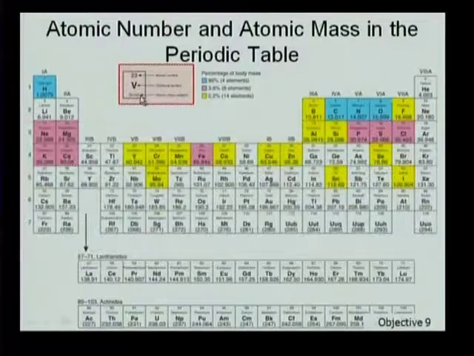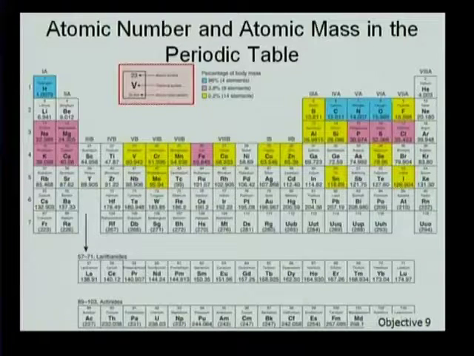Vanadium occurs as different isotopes that have different numbers of neutrons, but the atomic mass, or the atomic weight of vanadium, is 50.942. That tells us that the most common kind of vanadium atom has 23 protons, and it has a total mass of 51, because 50.942 rounds up to 51.